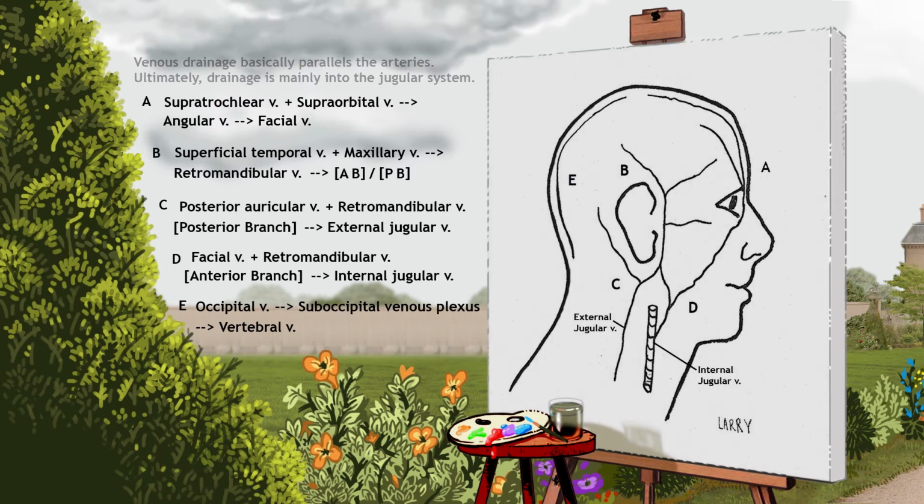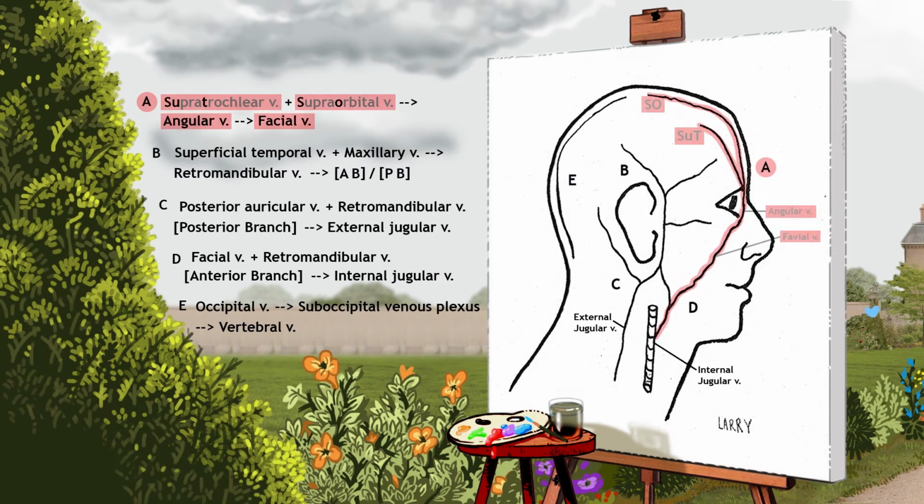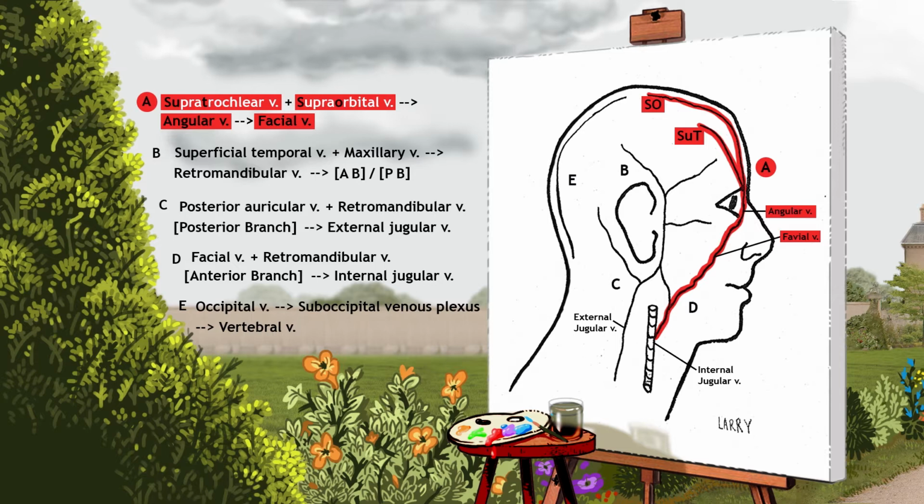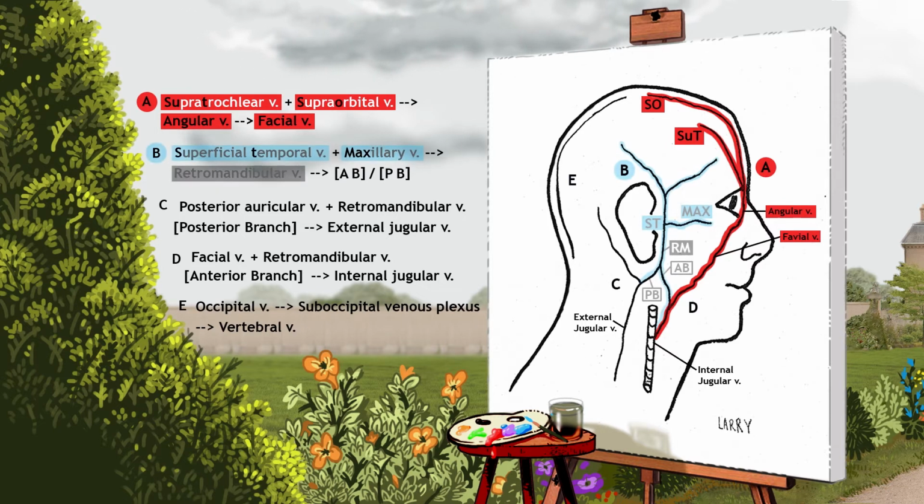The group A veins show you here on the diagram that the supraorbital and supratrochlear veins typically drain downward out of the forehead and join into the angular vein. The angular vein forms at the medial canthus of the eye and continues downward, draining along into the facial vein pathway.